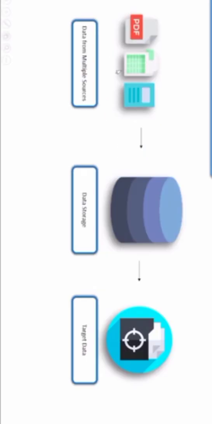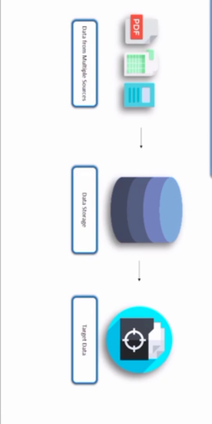So let's start off with the first step, which is data acquisition. As I have told you, in this present day and age, data is not structured. Data is unstructured and it is present in multiple formats, and this data comes from multiple sources. So if we have to solve a problem statement or a business statement, we would have to collect all of this data from different sources.